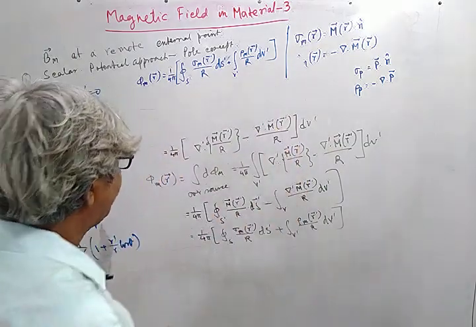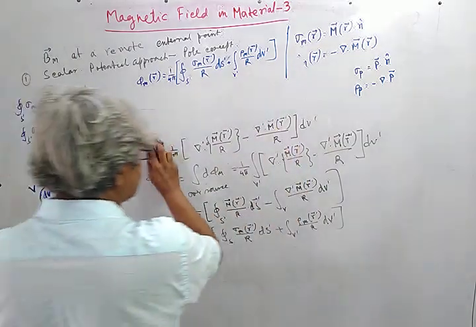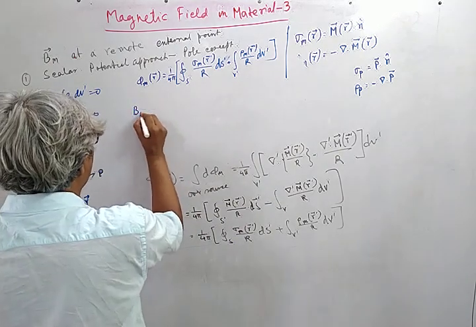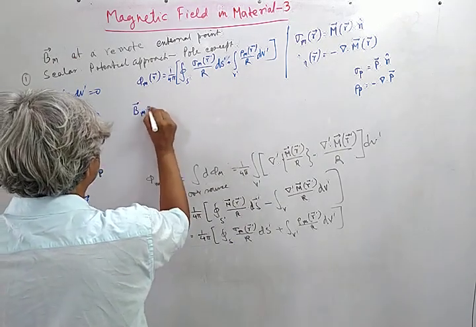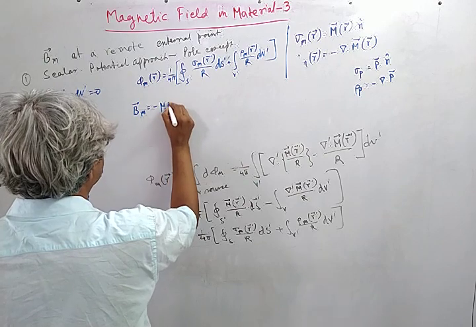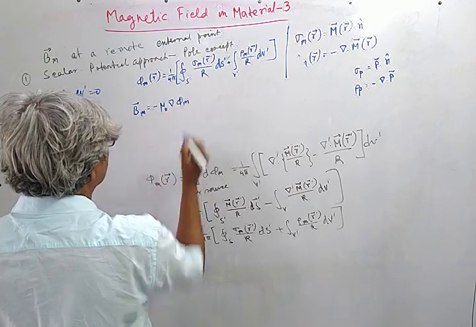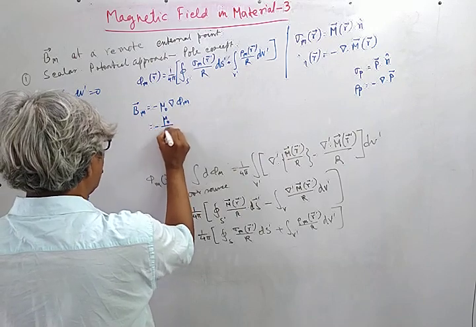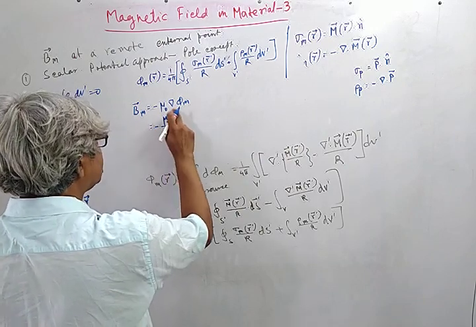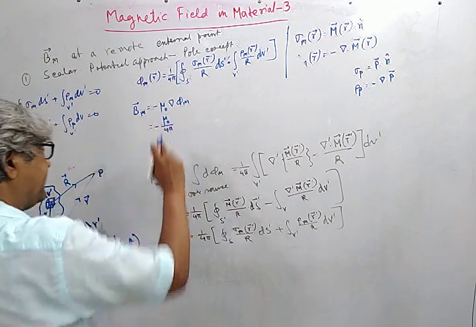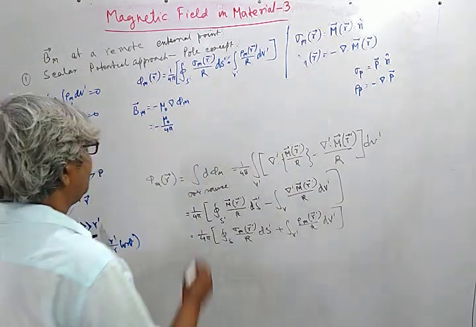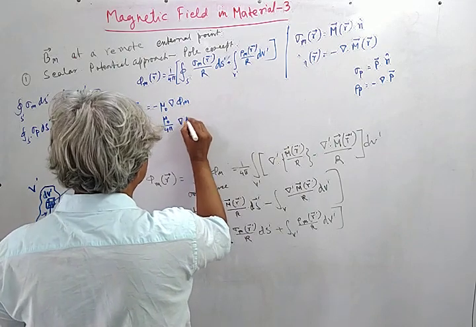Now to find out the field, the corresponding field is obtained by the definition of scalar potential. Bm is equal to minus mu 0 grad phi m. So the result is minus mu 0 upon 4 pi. This is the grad operation, the del operation with respect to the field coordinates.